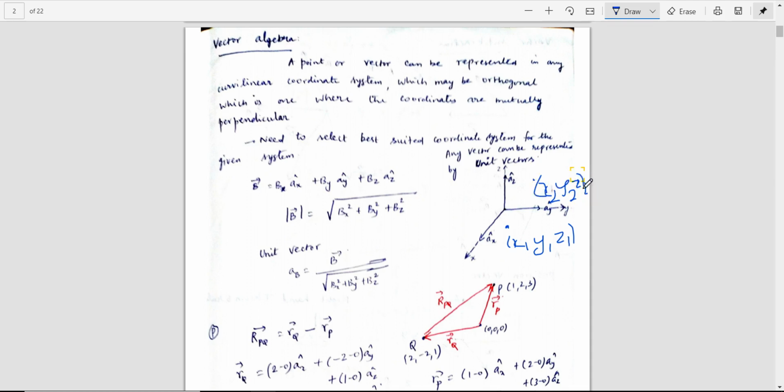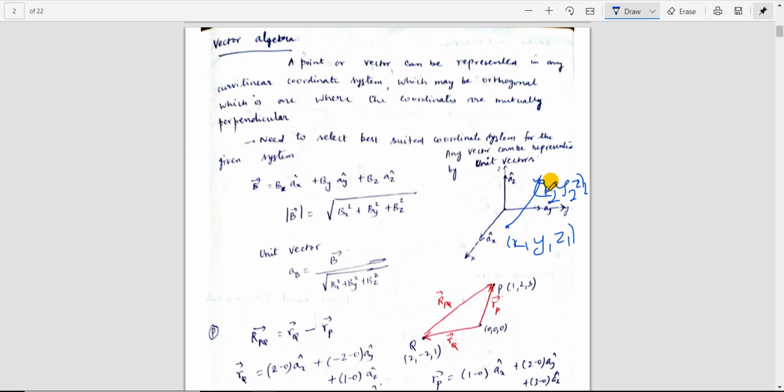If you are defining a vector between these two points, how are you going to define it? x2 minus x1 for the x direction, y2 minus y1 for the y direction, z2 minus z1 for the z direction.